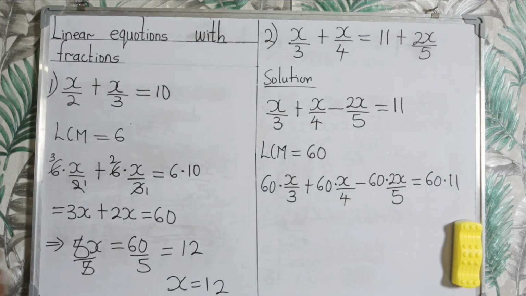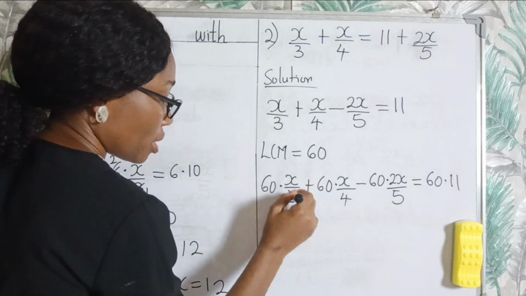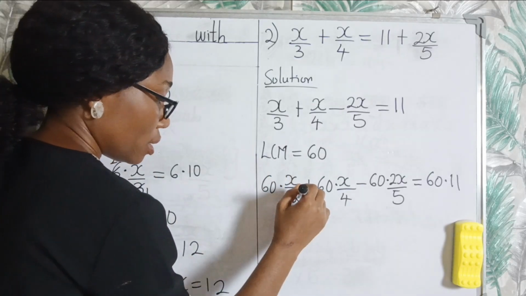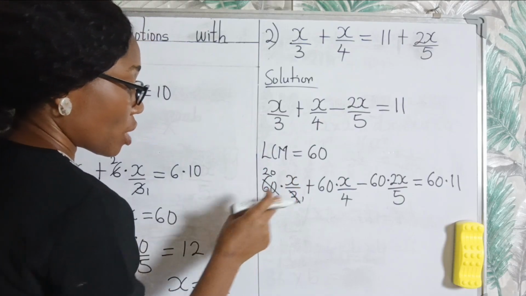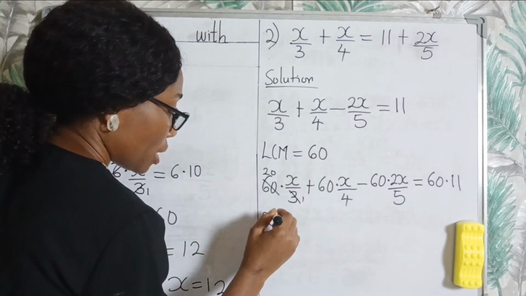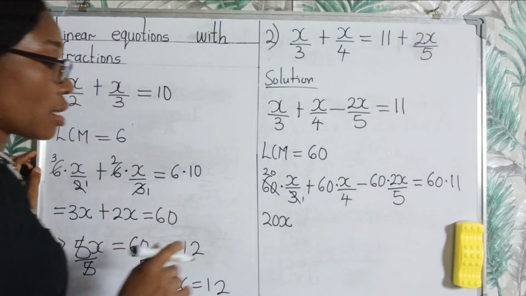All right, so we can cancel out now. 3 into itself is 1, and 3 into 60 is 20. So here we have 20x. 20 times x is 20x.